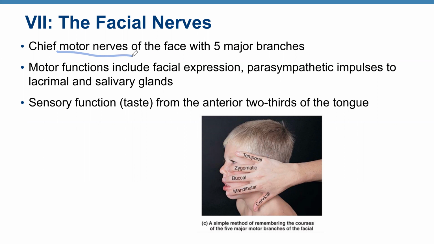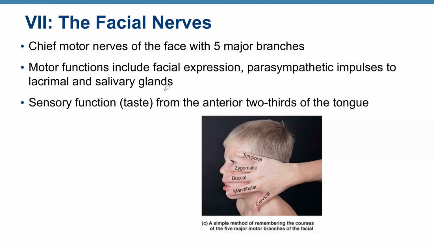So if sensation goes through nerve number 5, trigeminal, then to move facial expression, to move the skin of your face, those muscles need to be innervated by cranial nerve number 7. Motor function includes facial expression, parasympathetic impulses to lacrimal and salivary glands. So they also activate your lacrimal gland, which produces your tears, and the salivary glands, which produce your saliva.